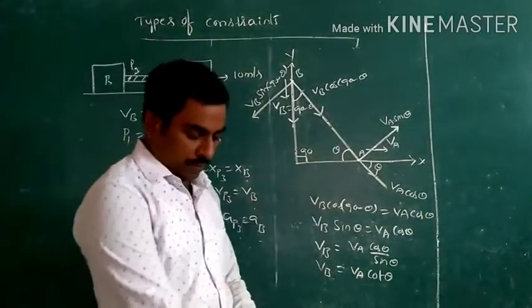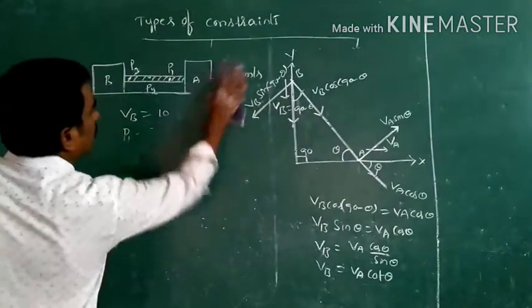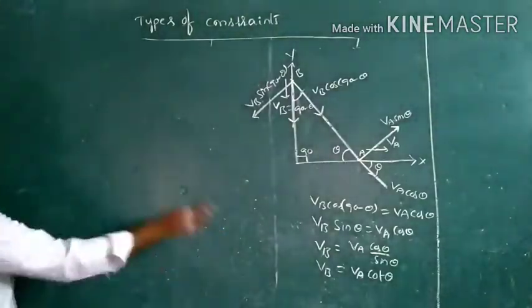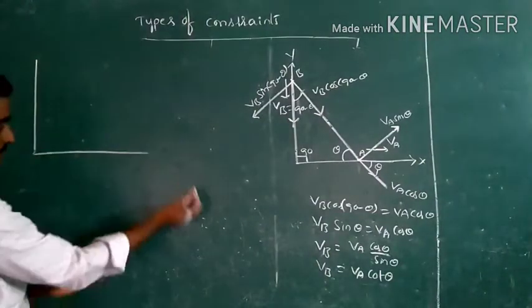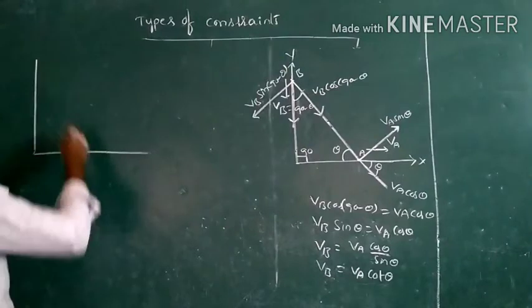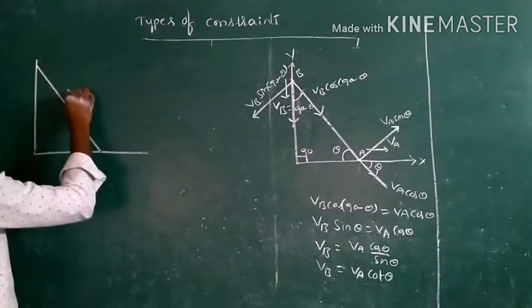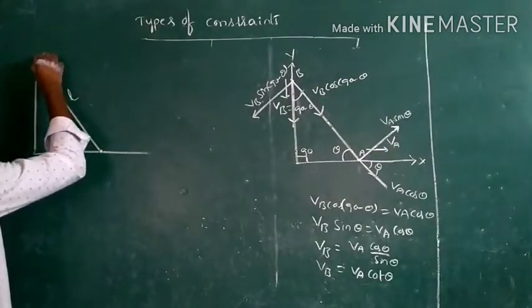The same problem we can explain with another model. See here, this is the wall and the horizontal. Let us assume this is a rod of length L. This is one end, this is the other end.